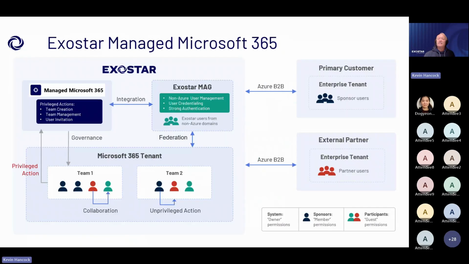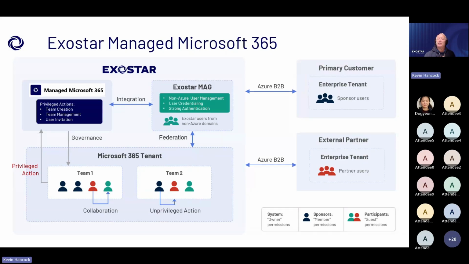So the way this system is architected is as you see here. It's a standalone tenant built for that Exostar customer. Exostar is managing and supporting this particular tenant. We embed an Exostar application within the Teams workspace.